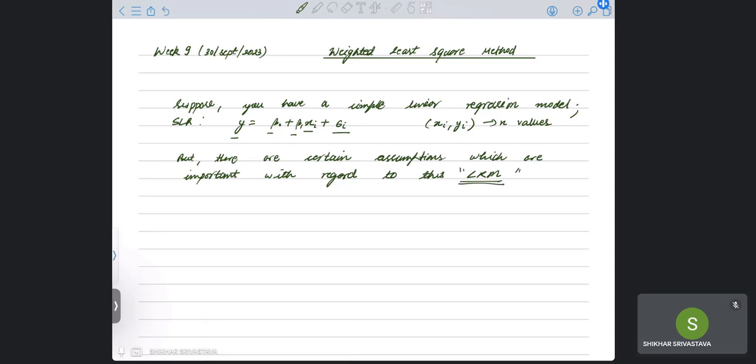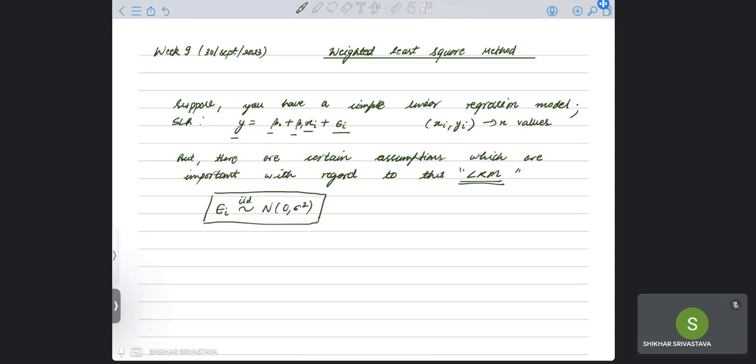Out of many assumptions, one very important assumption is that the residuals epsilon_i are identically independently distributed, normally distributed with mean zero and variance sigma square. So if you pick these residual terms from the population, that population will have mean zero and variance sigma square, and it will be normally distributed. And all these epsilon_i's will be independent of each other.